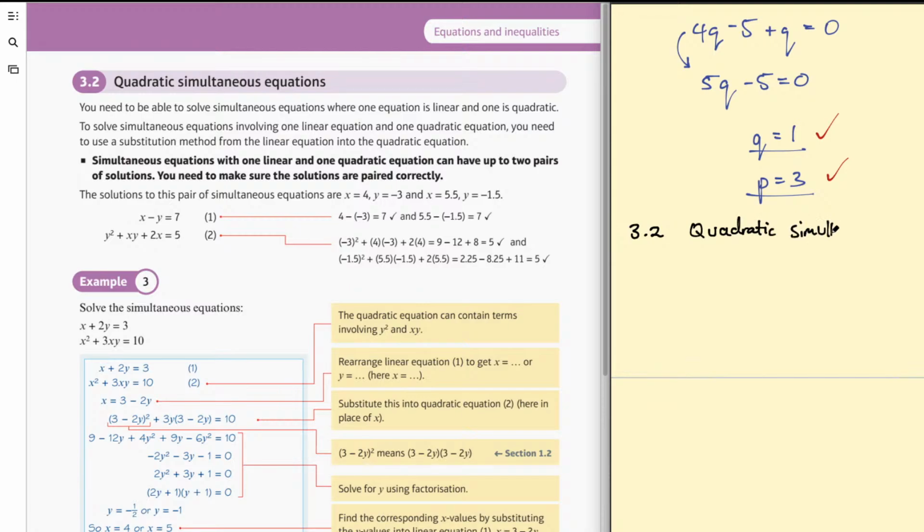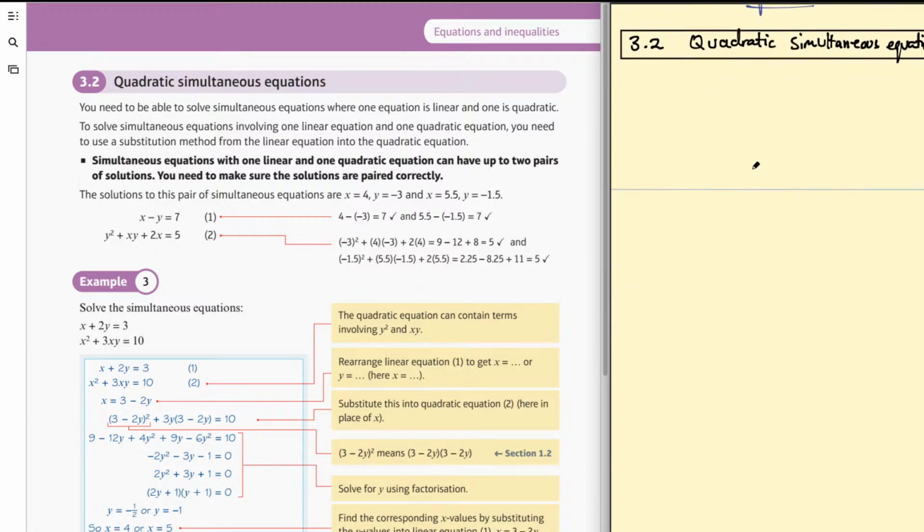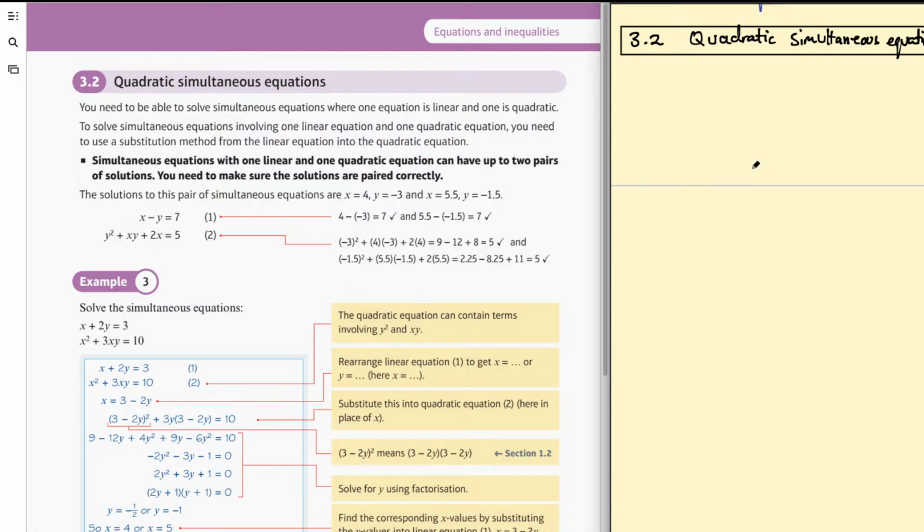Quadratic simultaneous equations. You need to be able to solve simultaneous equations where one equation is linear and one is quadratic.